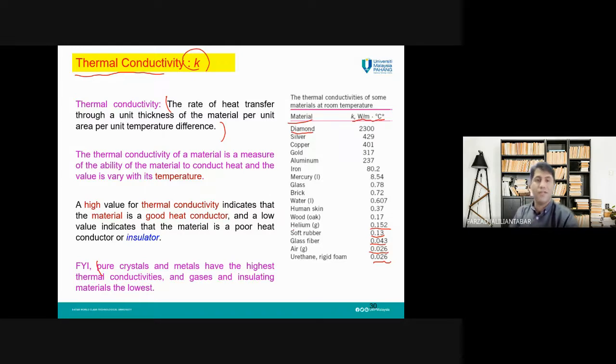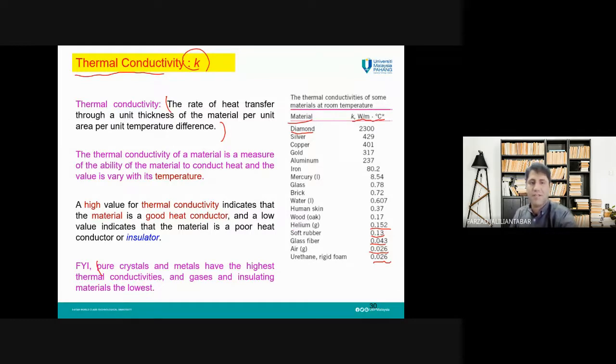But in our laptop, in our phone, there is gold. Why do we have gold in the circuits of different electrical equipment? Because its thermal conductivity is high, its thermal resistance is low, and the temperature does not increase in that substance during heat transfer.